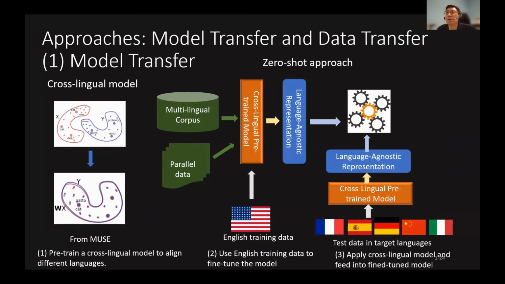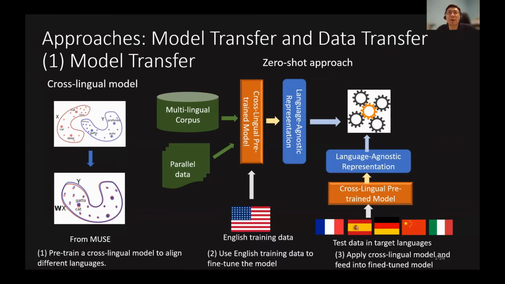Therefore, the features used by this fine-tuned model are actually language agnostic. Then in the test stage, given one test instance in a different language, we will apply the same cross-lingual model to map the target language into the language-agnostic representation. Then the fine-tuned model will not distinguish which original language the input is from. Instead, it will just generate the result uniformly for all languages.